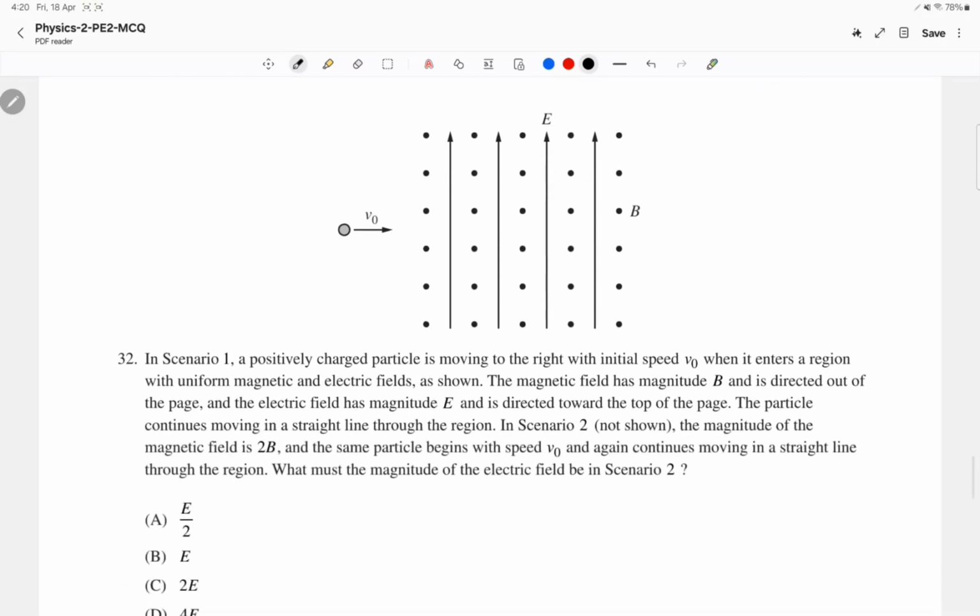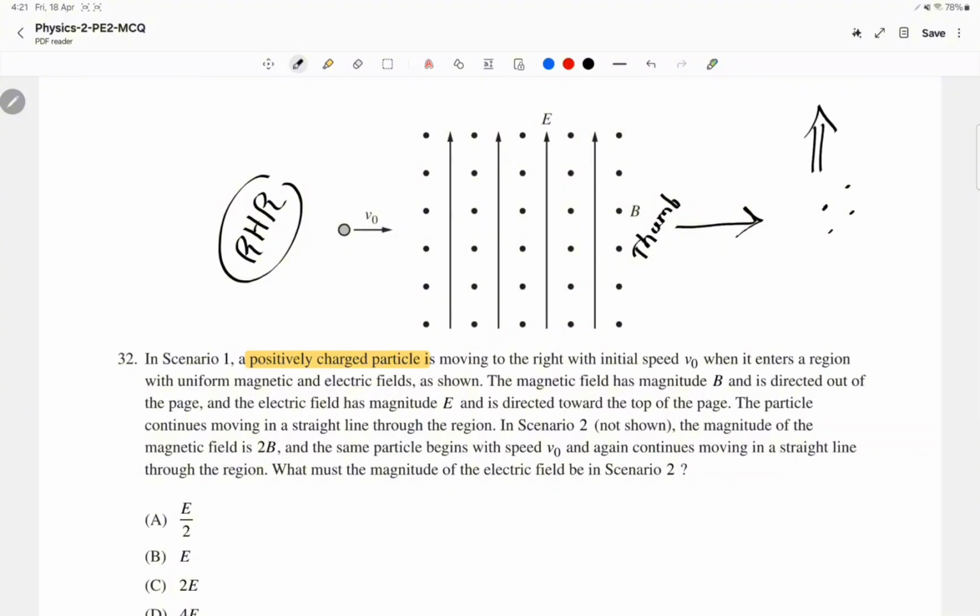32. So here, what's happening is that we have a positively charged particle. That means you must be applying the right-hand rule. And it's going to be entering an electric field that's pointing upward and a magnetic field that's pointing out of the page. Right-hand rule for the magnetic force. So point your thumb left. Point the fingertips out of the page. And your palm will be heading upward.